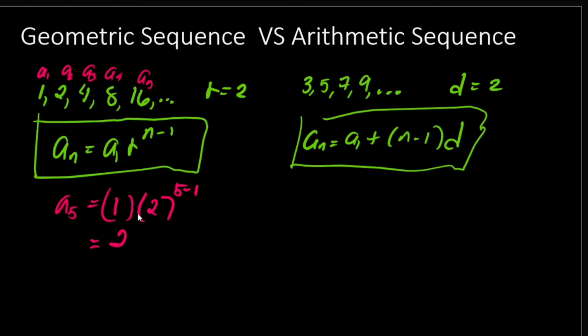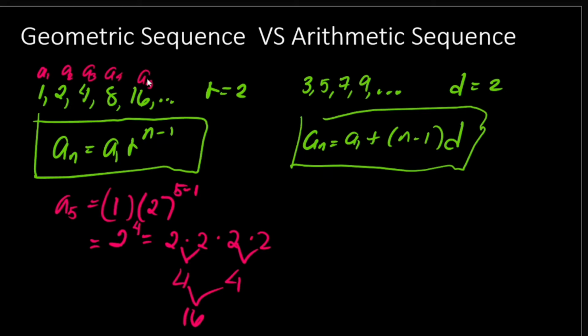And simplifying the equation, 2 raised to the power of 4. So that means 2 times 2 times 2 times 2. The exponent tells you how many times you have to multiply the base by itself. So 2 times 2 is 4, 2 times 2 is 4, 4 times 4 is 16.